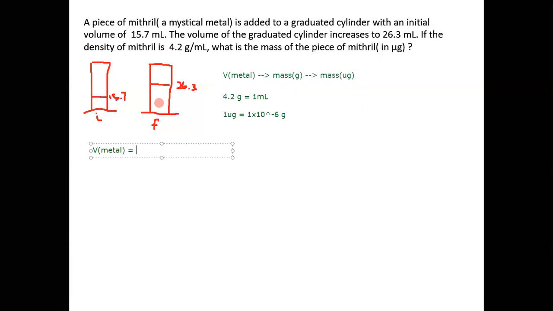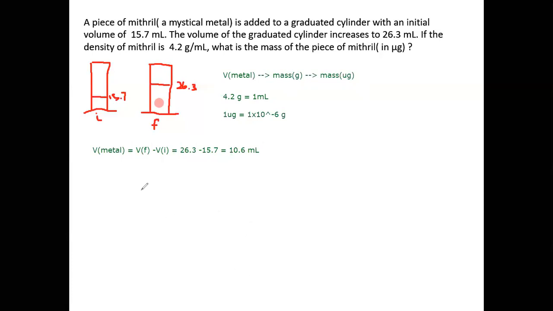The volume of the metal is the final volume minus the initial volume: 26.3 minus 15.7, and we get 10.6. So the volume of the metal is 10.6 milliliters.